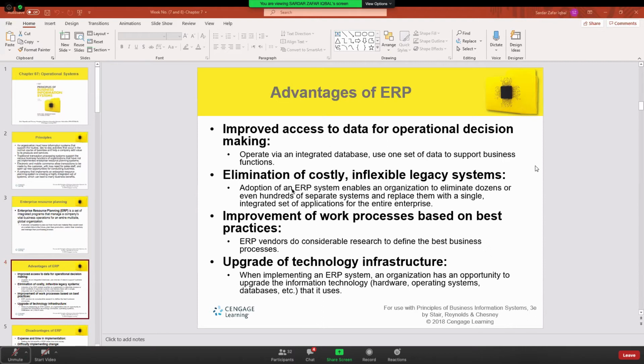Now, what is the infrastructure? Like how you are going to store your data, which operating system you are going to use, what kind of hardware is required, how many offices are required, how many bosses are required. So everything you will improve. Why? Because you want to use the ERP. So this is one of the advantages of ERP. Whenever organizations are looking for that, they usually improve their structure itself.